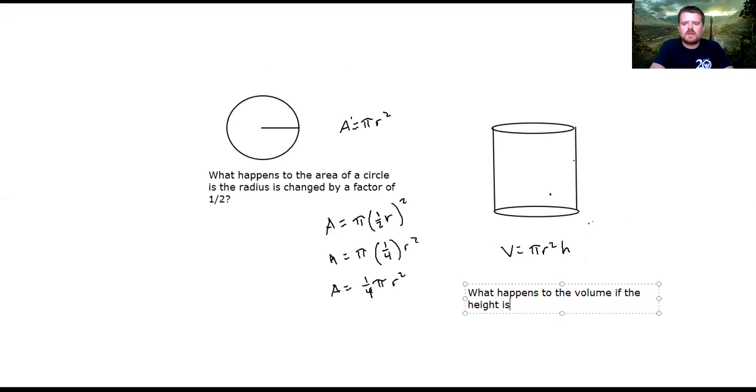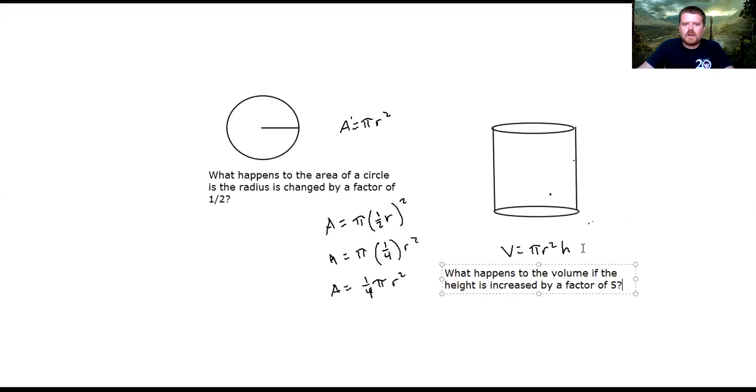Well, looking here at my volume formula, h is just a single variable. I don't have any exponent. So if I increase the height by 5, then the volume would increase by 5.